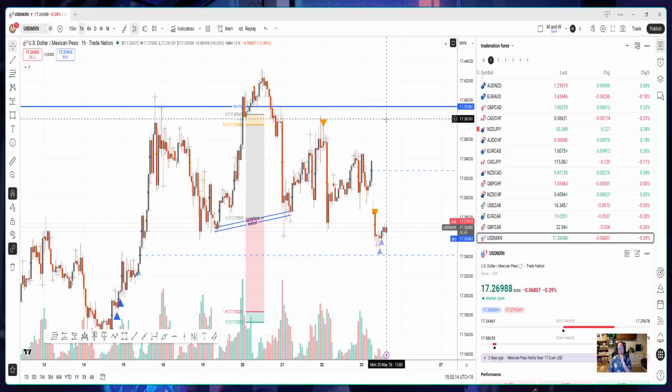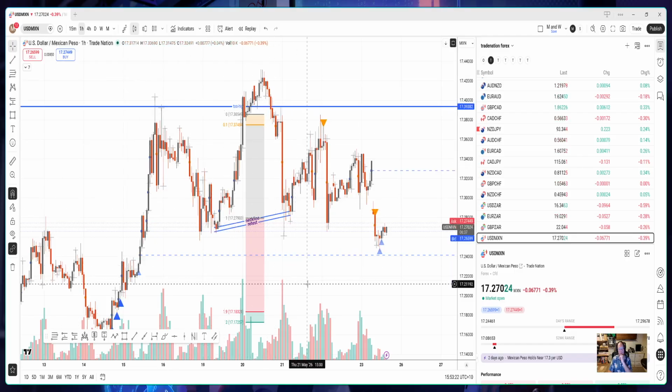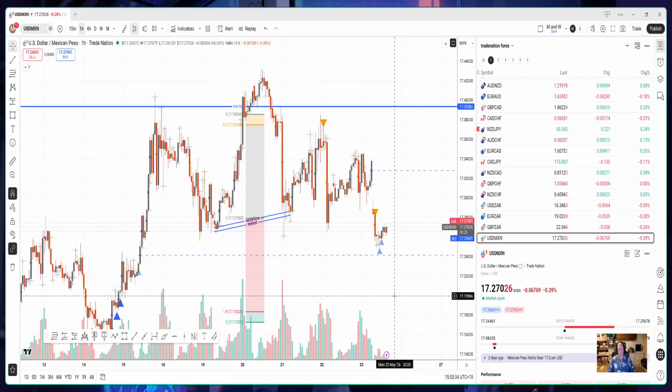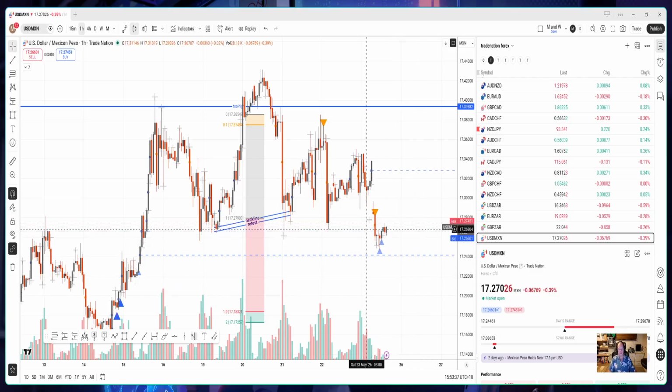Mexican. I think Trade Nation gives you like 8 pips. Oh no, 85 pips. What? No, okay. No thanks. Yeah, so you can see the difference here, like the bid and ask prices, or ask and bid prices. So that's an entry right now.